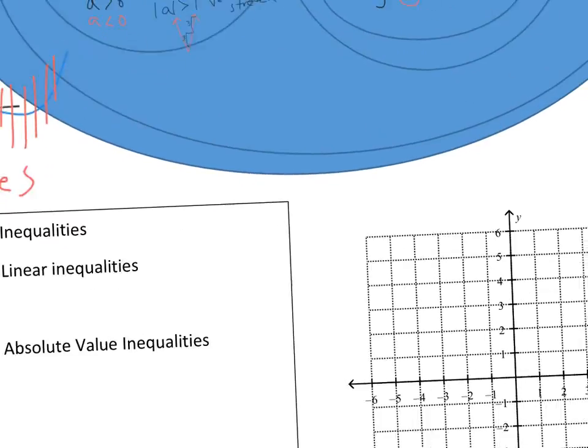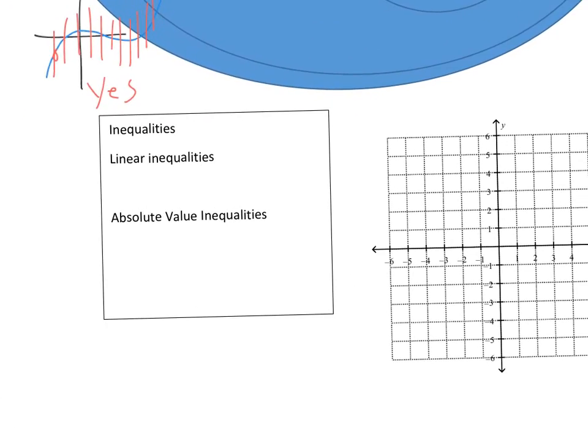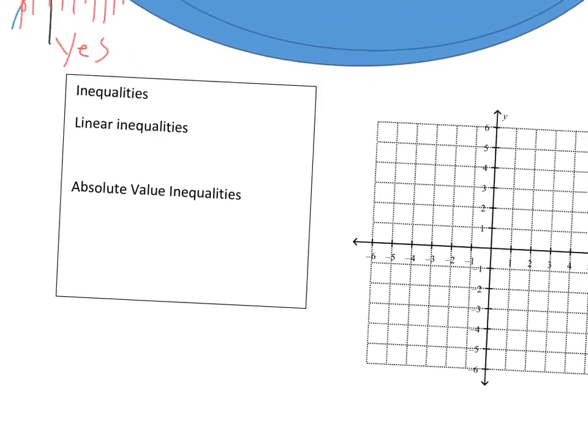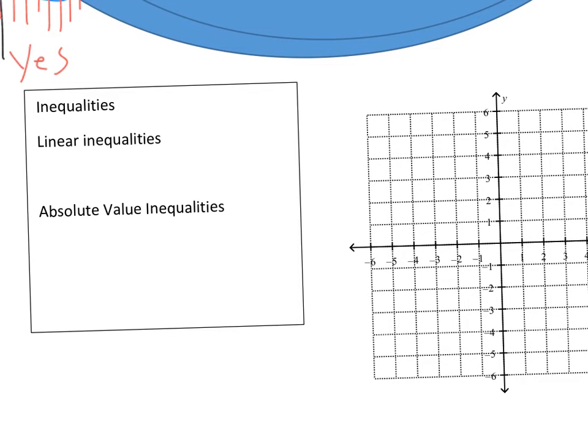Okay, then at the end of the unit we talked about linear inequalities. If you remember, inequalities could be at least, more than, no less than, no greater than. Those are the keywords that tell you we're talking about inequalities. Less than and greater than are going to have a dashed line, and less than or equal to and greater than or equal to are going to have a solid line.